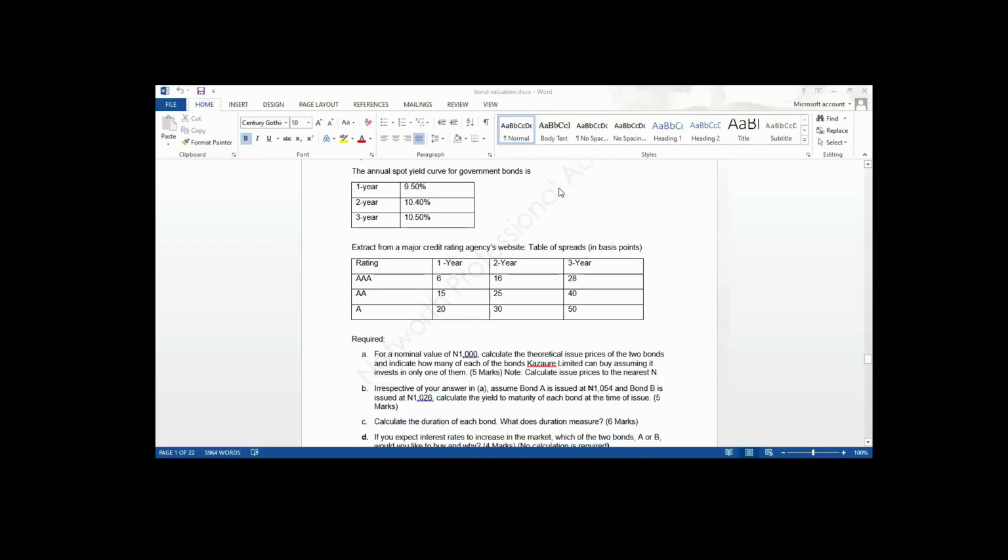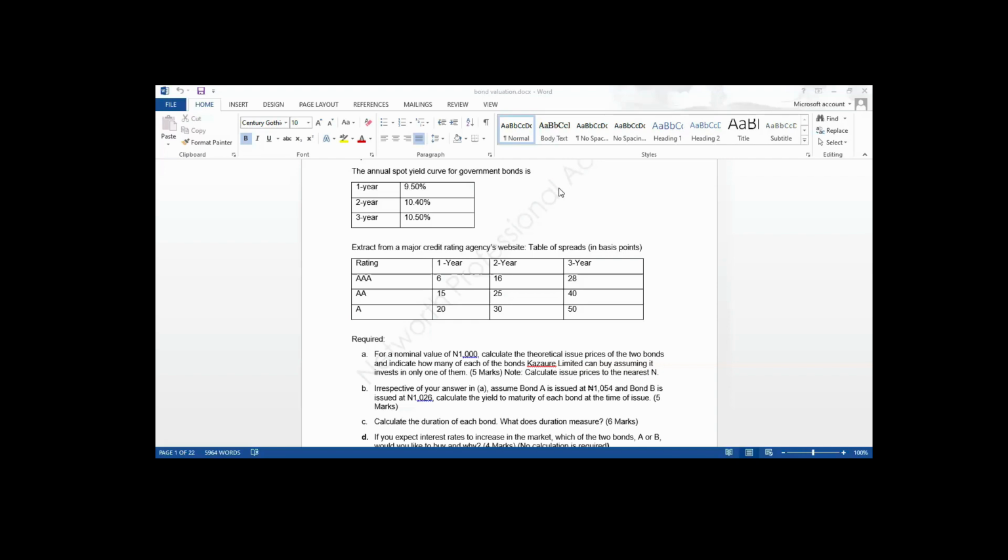Requirement A. For a nominal value of 1,000, that means the nominal value is the face value. The examiner says the nominal value is 1,000, so you cannot assume 100 naira.